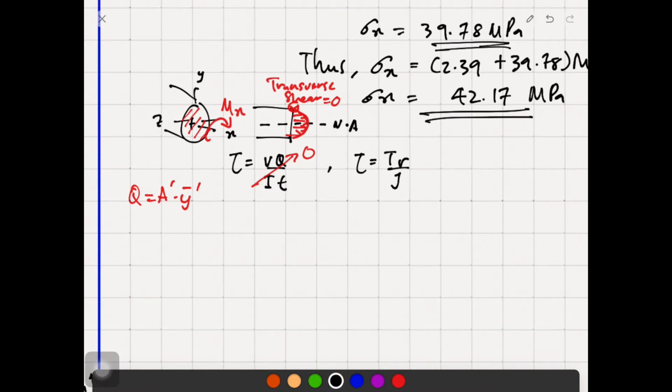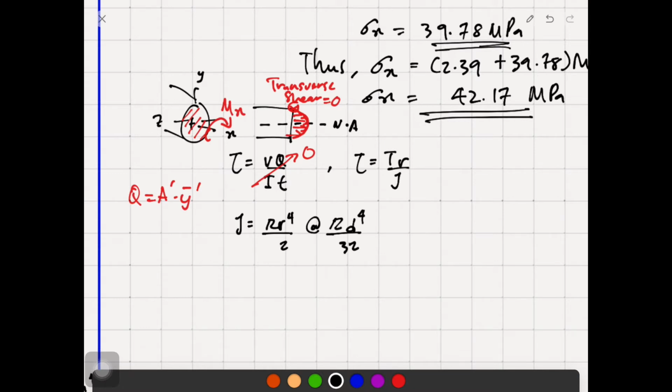J is equivalent to pi r to the power of 4 over 2, or if you don't like using r, the information given in the beginning is the diameter. If you want to use that, it's also fine. You can use pi times diameter to the power of 4, but you need to divide it by 32.